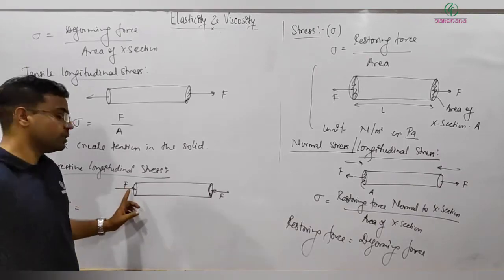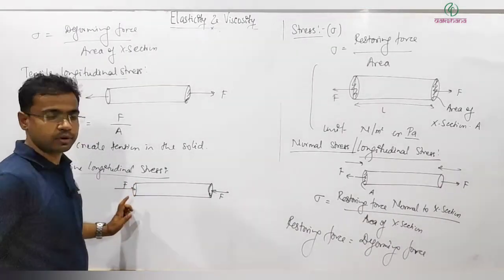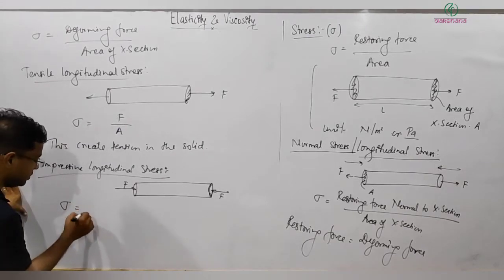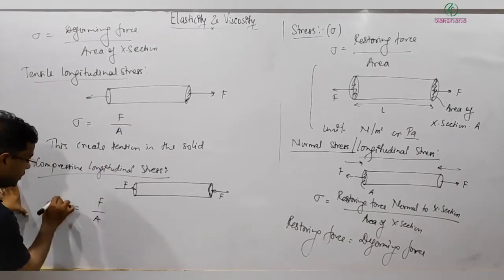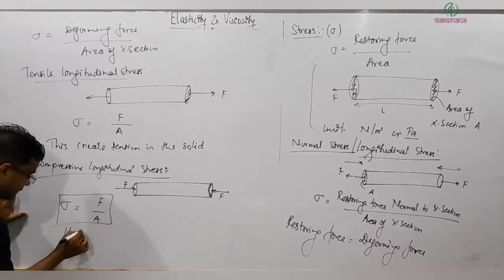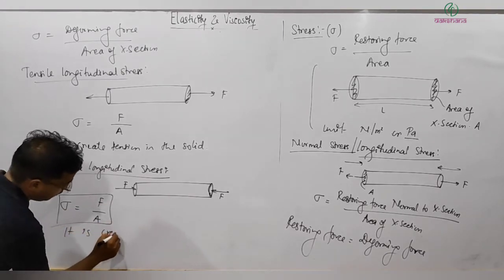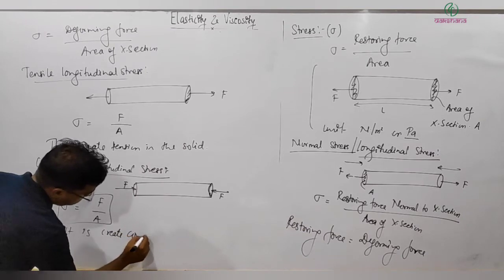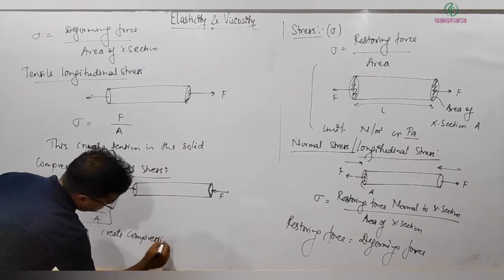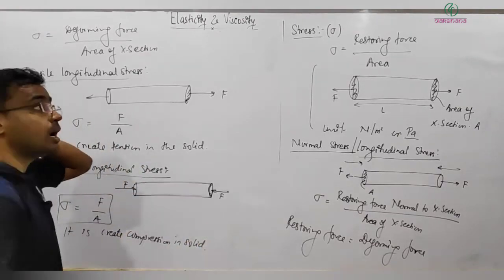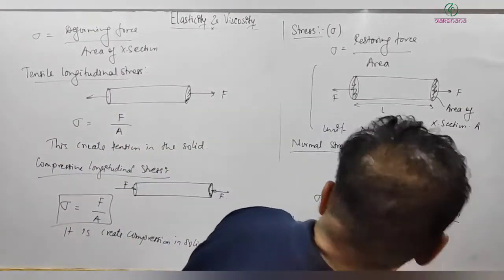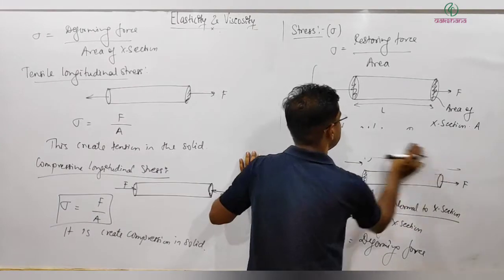Longitudinal because its force is normal to the area of cross section. The formula will still be the same, F divided by area, but it creates compression in the solid. So this is about the definition of longitudinal or normal stress.